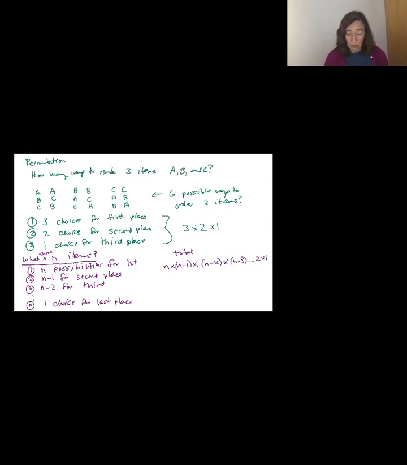So this expression where you take a positive integer and you multiply it by each of the integers smaller than it, we write this as n with an exclamation point. And you don't say that n, you say it n factorial.